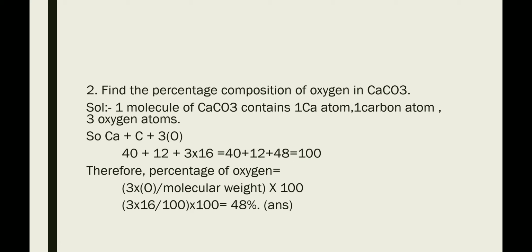So we can write Ca plus C plus 3O. Calcium atomic weight is 40 plus carbon atomic weight is 12 plus 1 oxygen atom atomic weight is 16. Here we have 3 atoms of oxygen, so we multiply 3 into 16, which is 48. 40 plus 12 plus 48 equals 100.